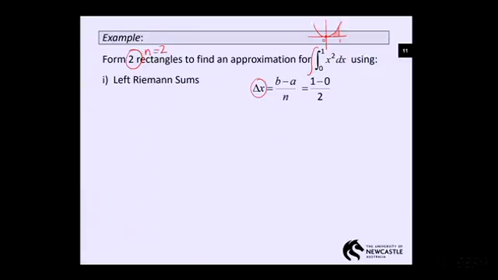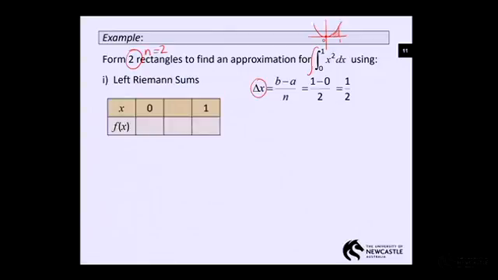So I would start by looking at how many rectangles, that's going to give me my n. Look at the numbers on the integral sign because that's your b minus your a. So this is going to give us a delta x of a half. Now we'd go to a table. The 0 at the bottom starts, and the 1 at the top has to be the very last one.